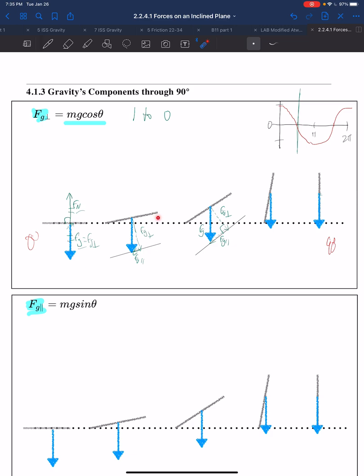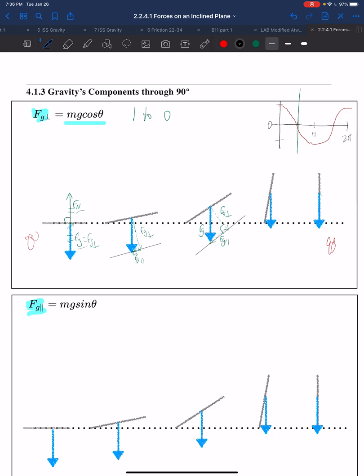When we drop this down lower, we can see that the force of gravity perpendicular will rotate and become the same size as the weight. Similarly, when we raise it, force of gravity stays pointing in the same direction. Force of gravity perpendicular gets smaller. We employ the same technique here.